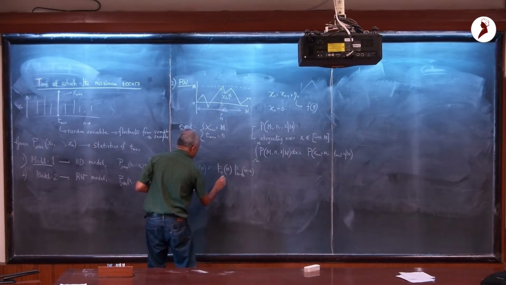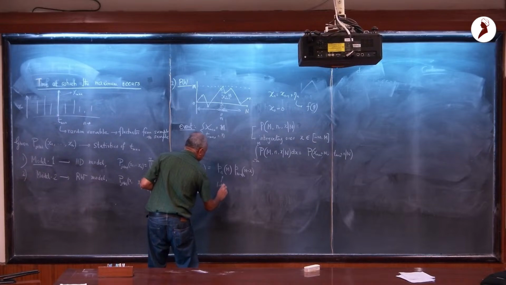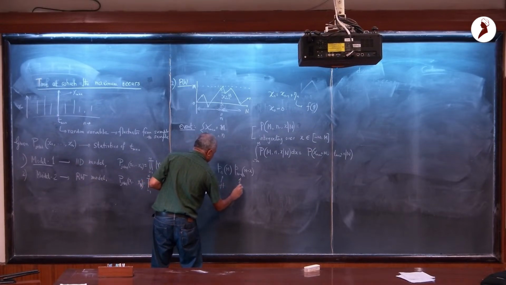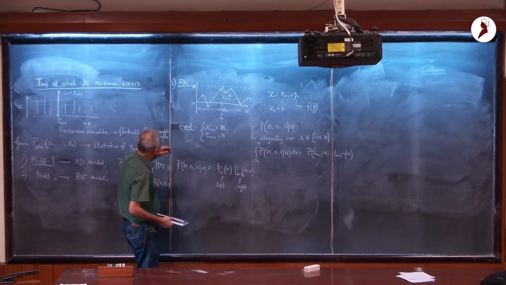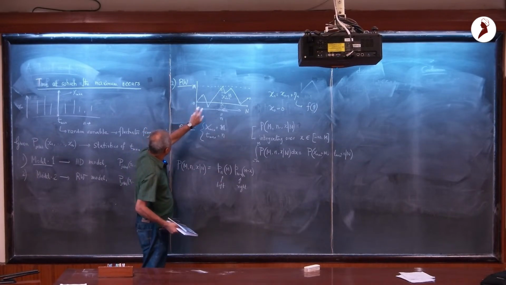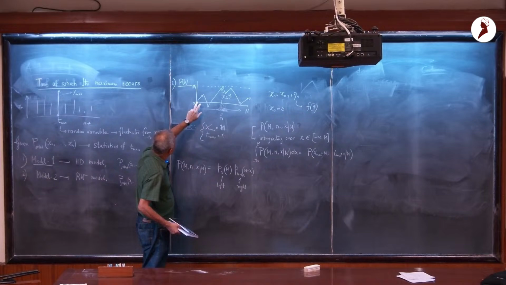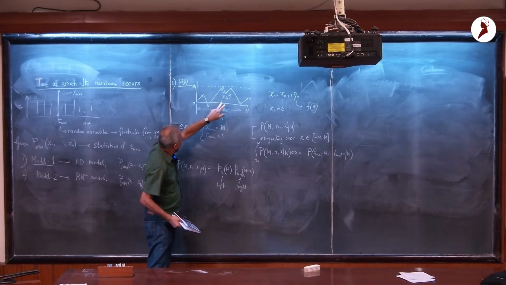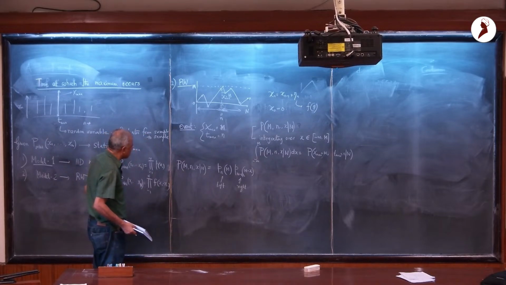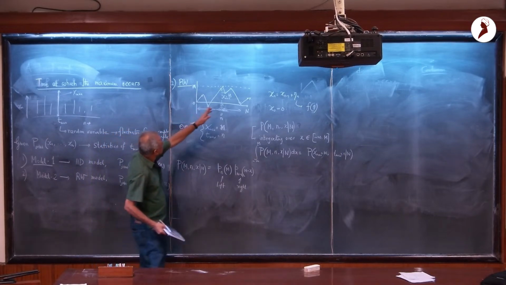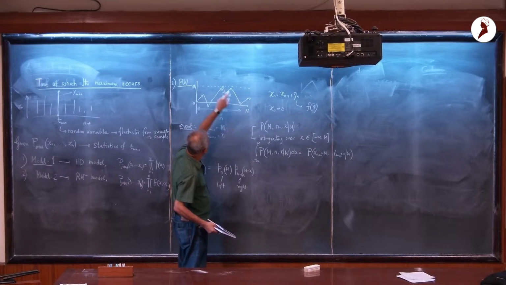So this is the left part, and this is the right part. On the left part, P_n(m) is exactly what I said: the probability that you start from the origin and arrive at m at step n, but staying below the level m up to the n steps. And the right part is precisely what I said, it starts from here and it arrives at x.